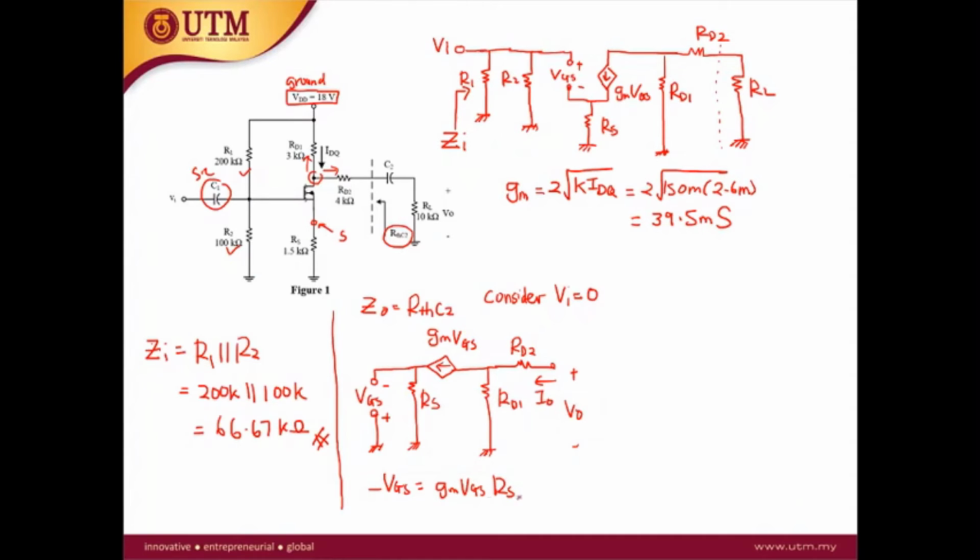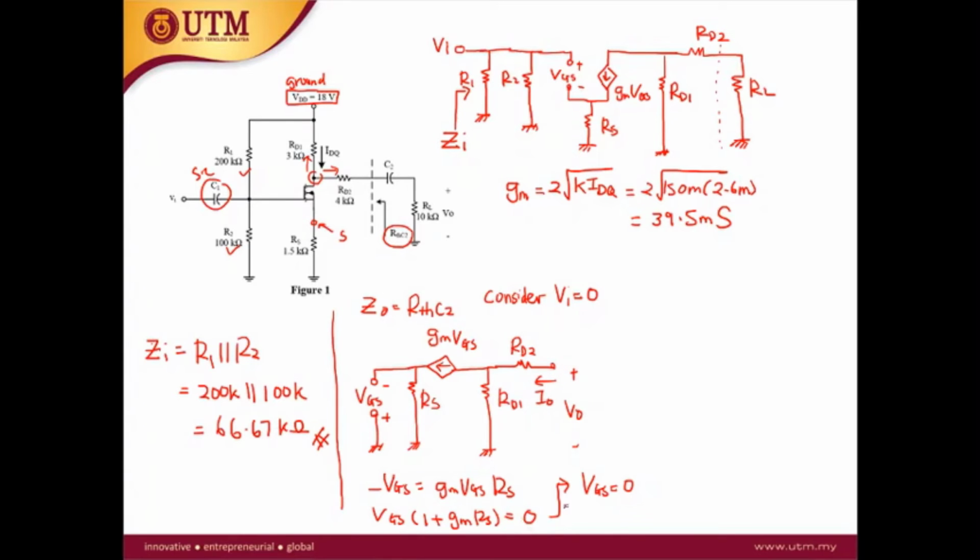So you have this relationship. Based on this relationship, you can rearrange this equation and get VGS times (1 plus GM RS) equal to 0. This mathematical expression indicates that VGS needs to be 0 in order to make this equation valid.